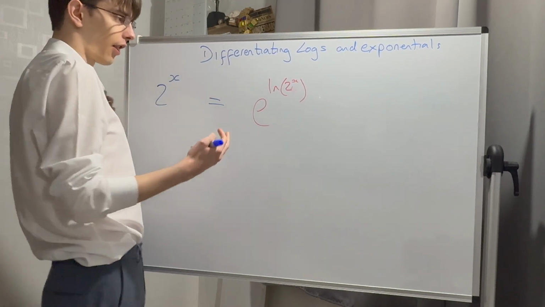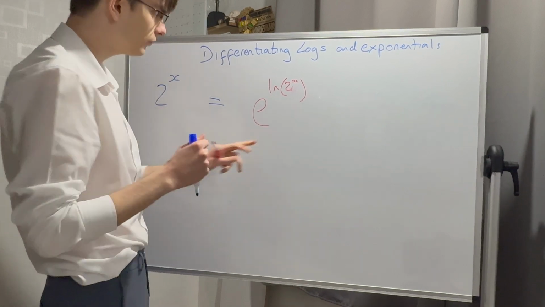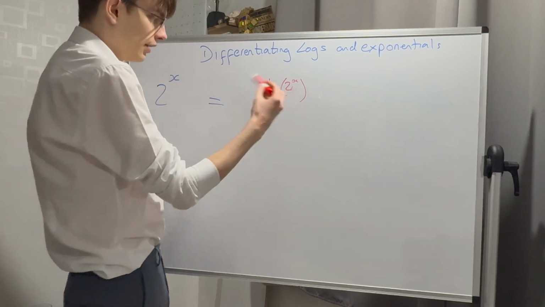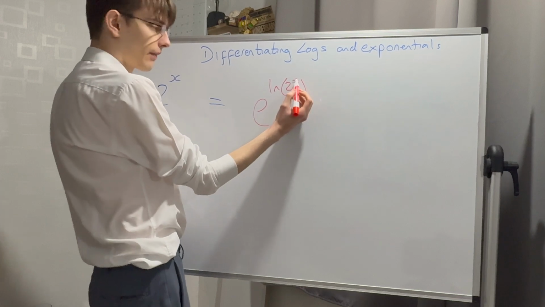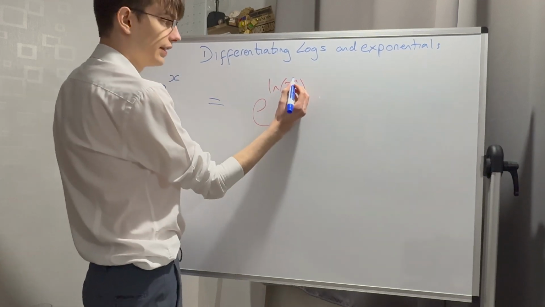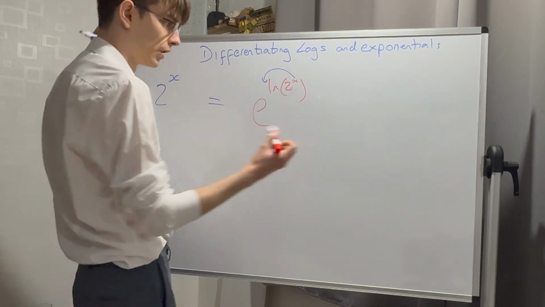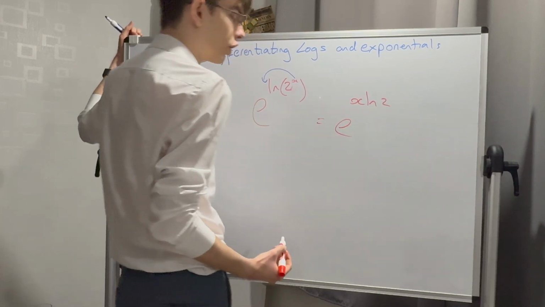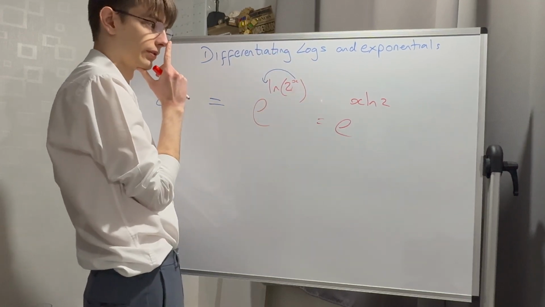The reason I have done it might be a little trickier to visualize, but it breaks down like this. E to the ln of 2 to the x. I can bring this x, using my log laws, down in front of the ln. So it becomes e to the x ln 2. And again, I haven't changed anything, I'm just rearranging it using my log laws.